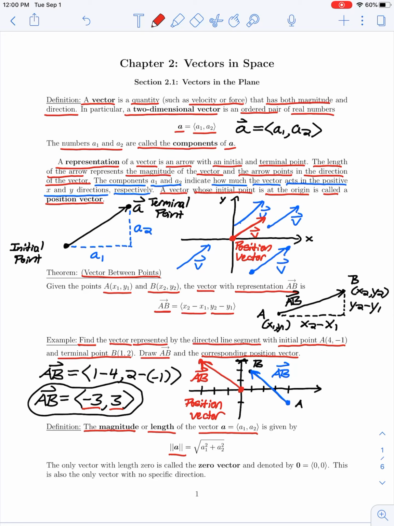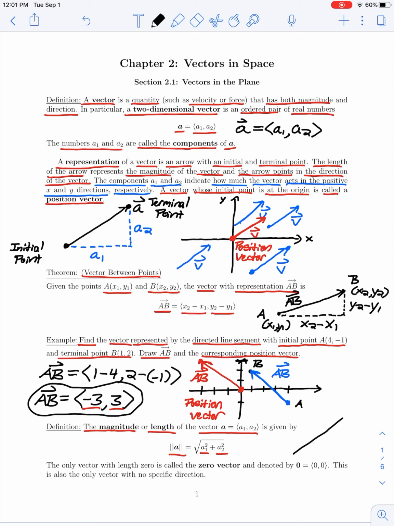That's known as the norm or the magnitude of a vector. It's given by the square root of the sum of the squares of the components of our vector. So we take the first component of A squared plus the second component squared and take the square root of that value.